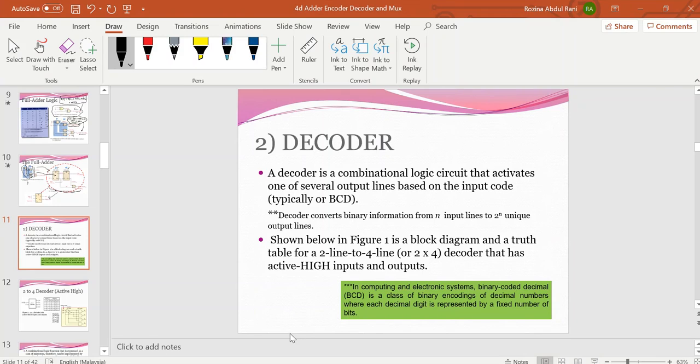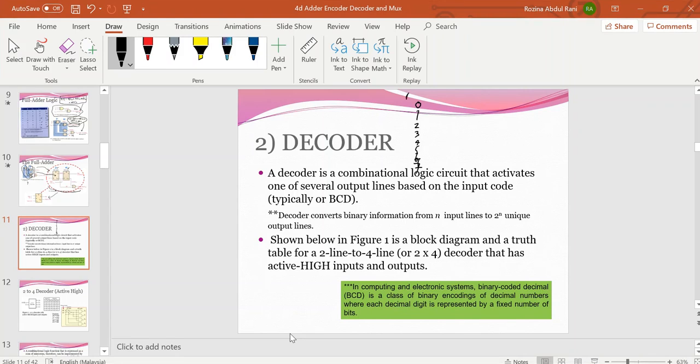We know that decimal is a normal number, for example, 0 until 7: 0, 1, 2, 3, 4, 5, 6, 7.